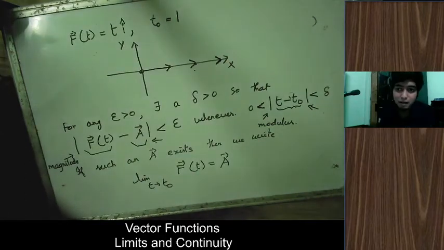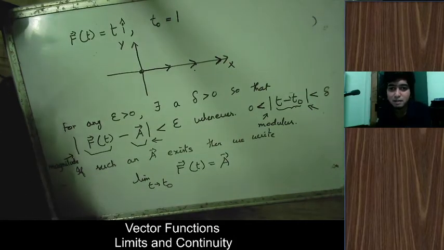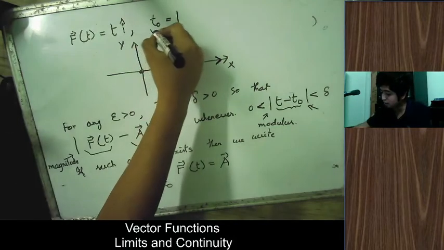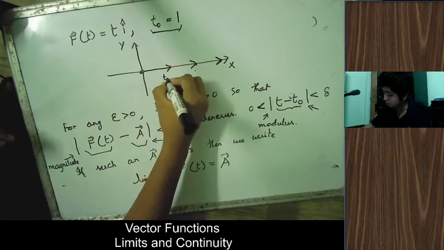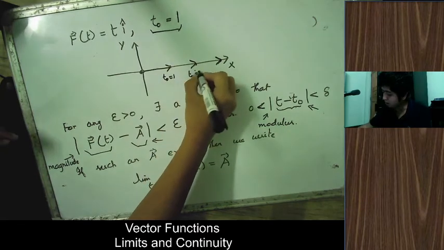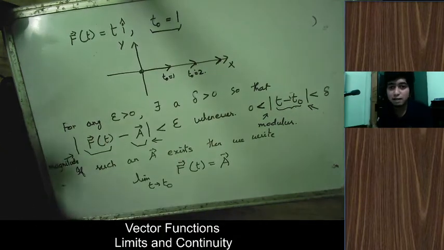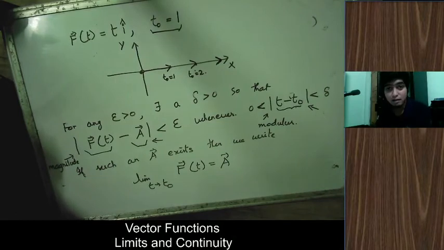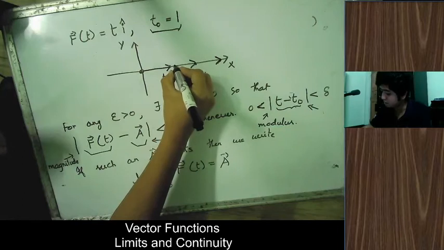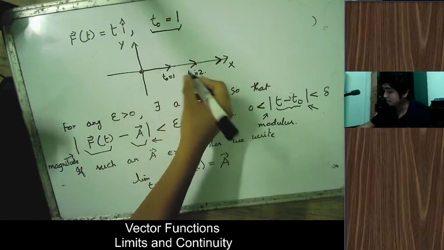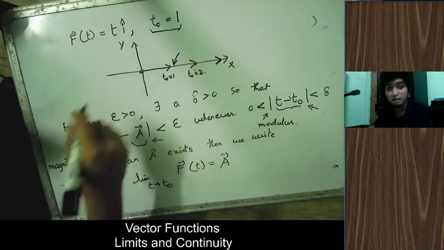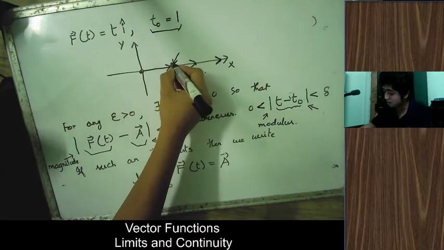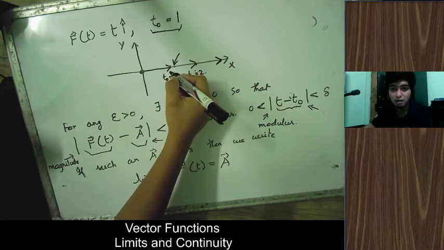But remember that because we are dealing with limits, we want t naught equal to 1. Because we are dealing with limits, we have to make it very, very close to this number. So we can find this vector when it approaches t naught equal to 1.